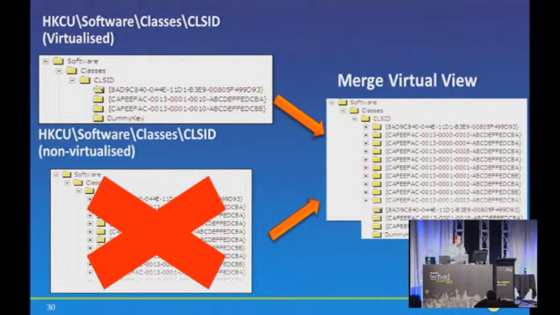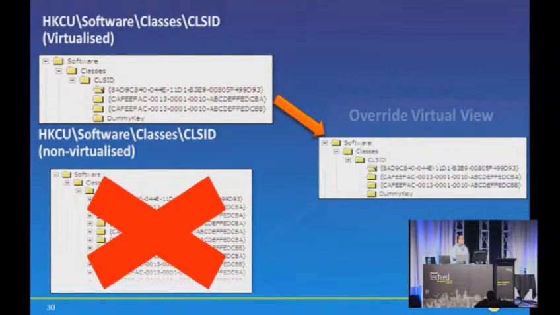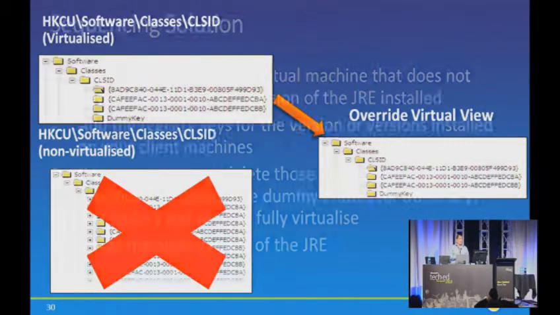So we thought to ourselves, let's export the local registry keys for Java onto our sequencer before we start sequencing, and then when we do start sequencing, let's delete them. That will give us an override view of those registry keys on the base platform, and because they're deleted, we won't see them on the base operating system, and the Java in the virtual environment will work correctly.